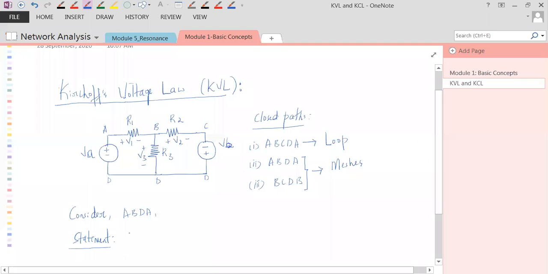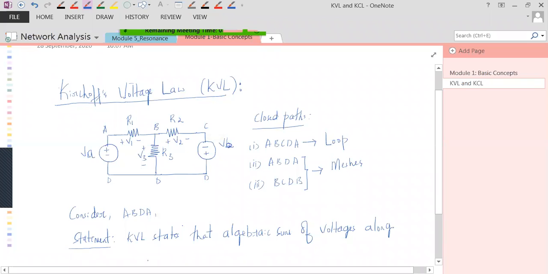Now KVL states that the algebraic sum of voltages along a closed path is 0.